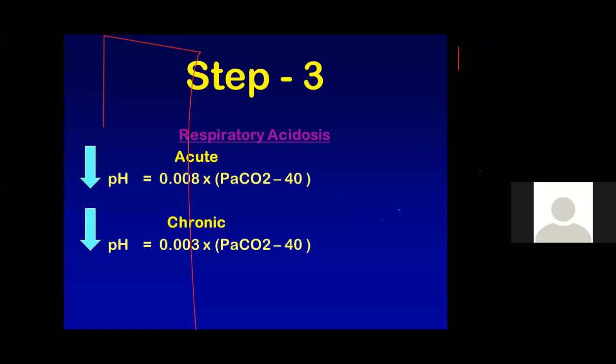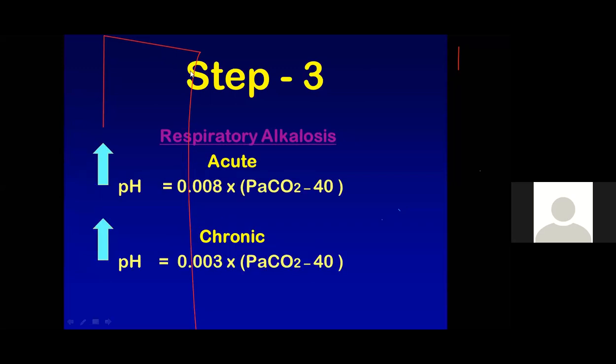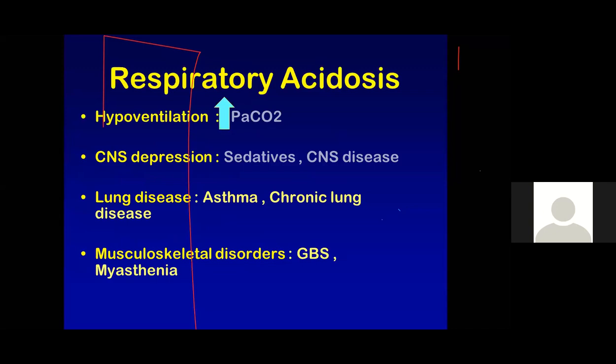And if it is chronic, it is 0.003 into PaCO2 minus 40. This is the formula you have to apply to know whether this patient has an acute or a chronic illness. Same way for alkalosis also. It is the same. The only thing is how the delta pH is going up. We'll apply a few examples and see.